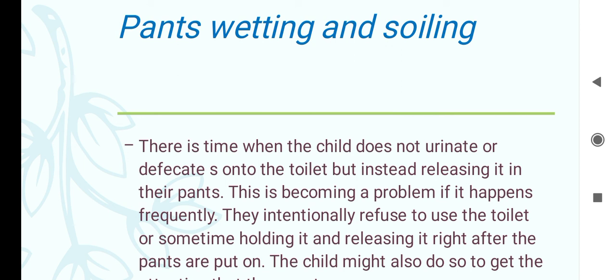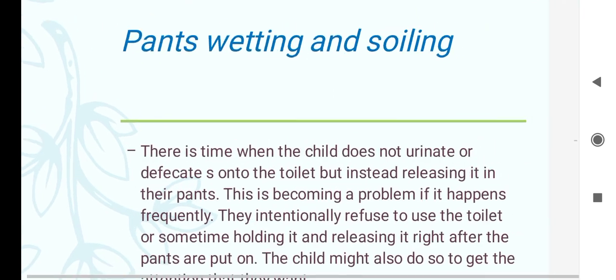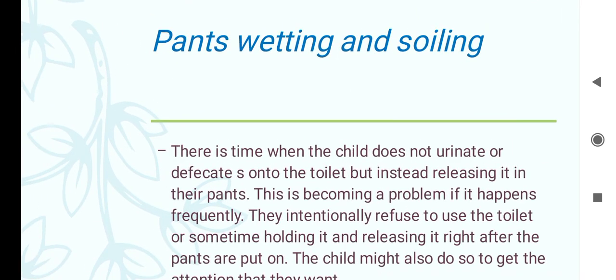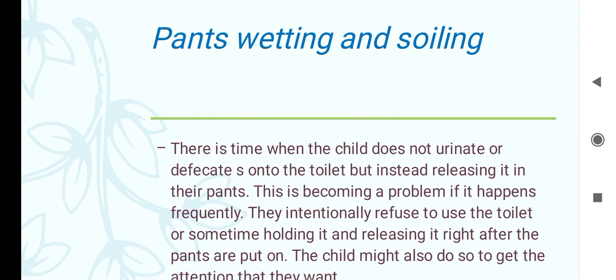Means they are dependent. They lack toilet training. This is supposed to be done at home. Parents are supposed to ensure that the children settle these toilet training before they go to school.